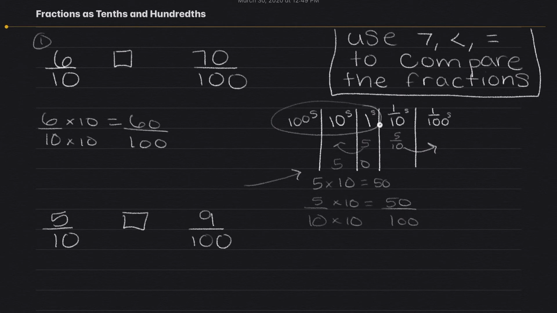I turn my 6 tenths into 60 hundredths. Now I can compare, so my 6 tenths turned into 60 hundredths compared with 70 hundredths. What symbol would I use? If you said less than, you're correct. 60 hundredths is less than 70 hundredths.